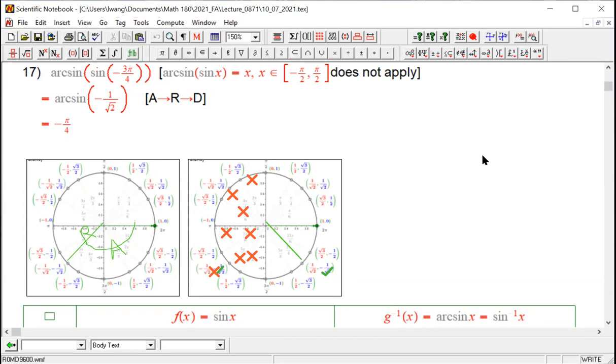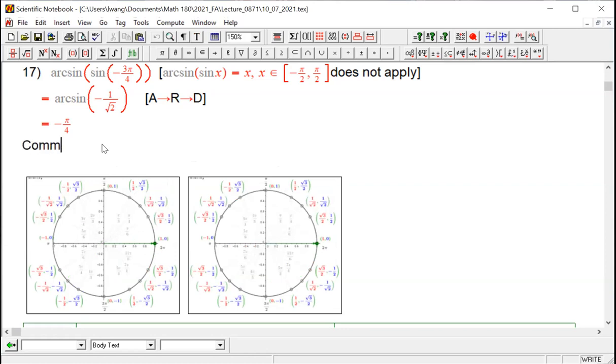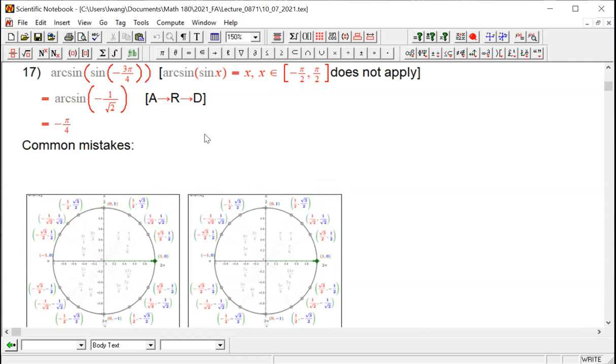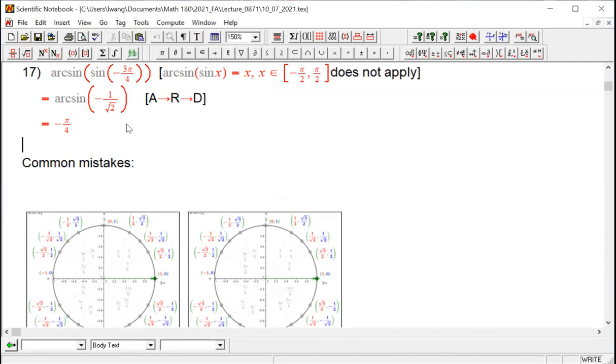Question. Common mistake. Okay. Is it 7π/4? Absolutely not. 7π/4 is outside the range.